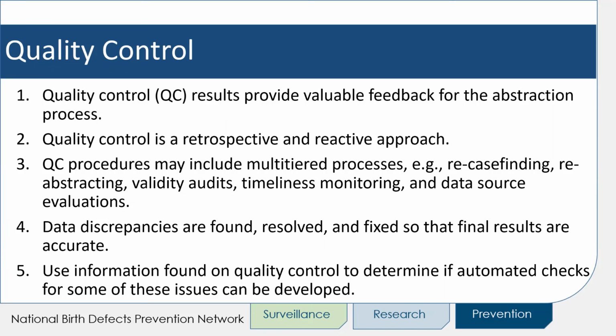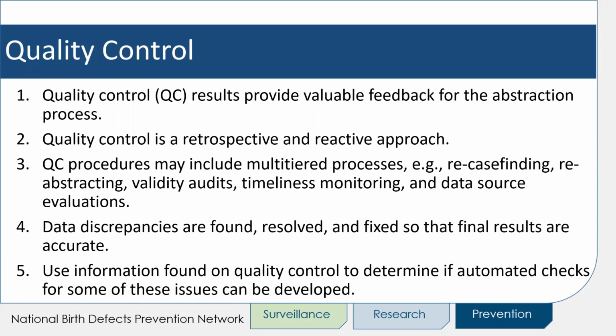Re-abstracting QC should include a review of all demographic variables and diagnostic data. QC of the diagnostic data could include a determination if relevant defects have been listed and coded correctly. Data discrepancies are found, resolved, and fixed so that final results are accurate.